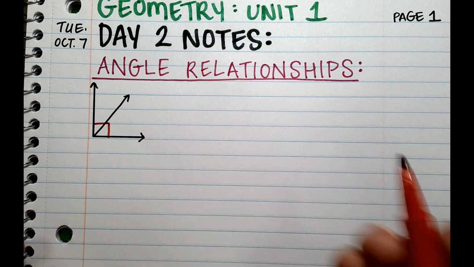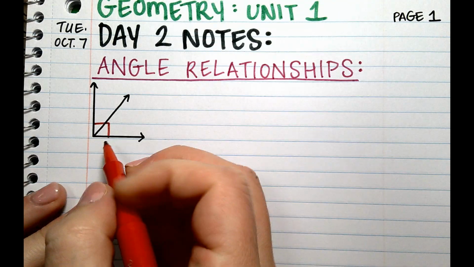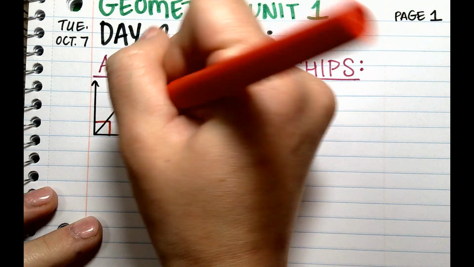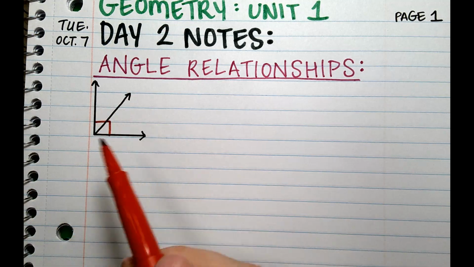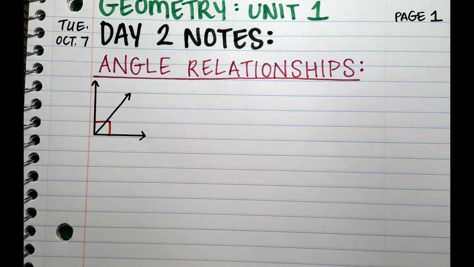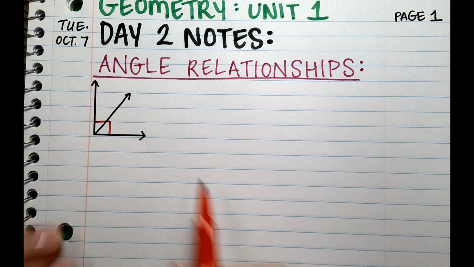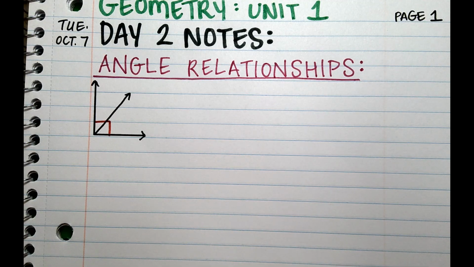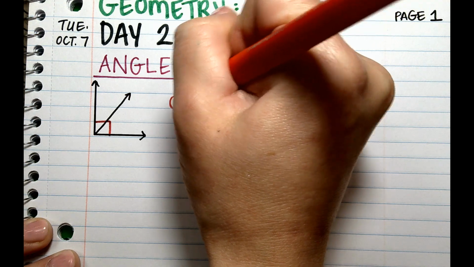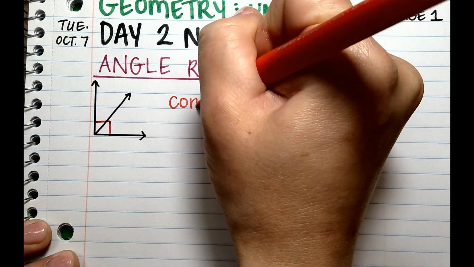And beside that, I am going to write what this relationship is called. These 2 angles, without even naming them, what would these 2 angles add up to? 90 degrees. We know that because of the red box here. Anytime we have angles that add up to 90 degrees, we call those complementary angles.